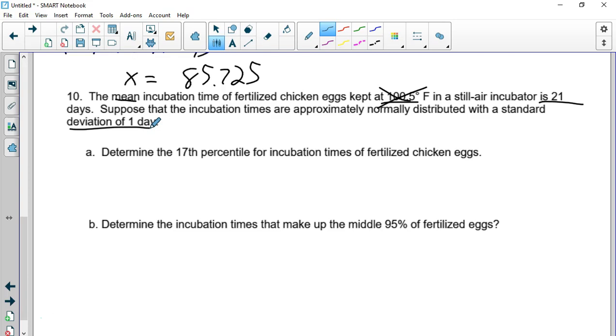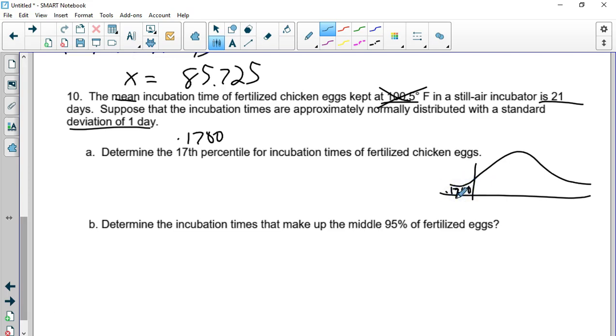Well, again, let's look at our picture here. Okay, 17th percentile. So 17th percentile means 0.1700. We're thinking about area, so that's going to be this little tiny area here, 0.1700.